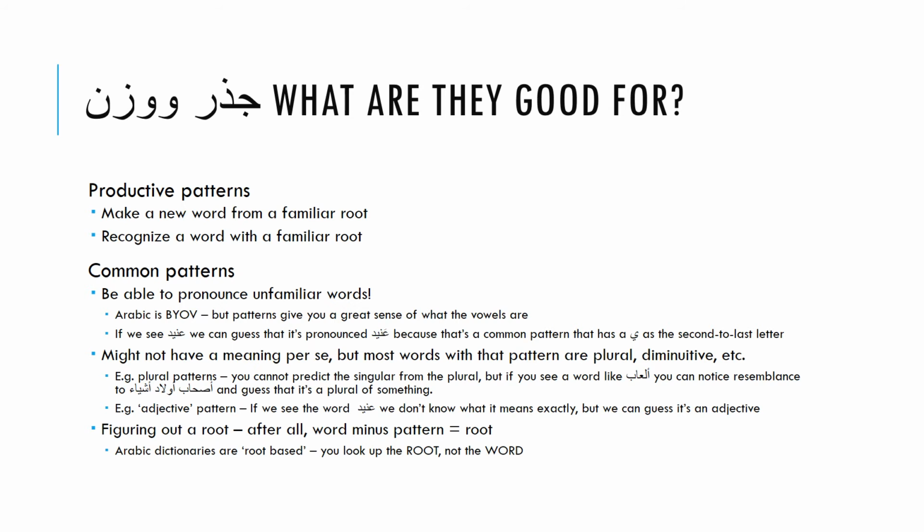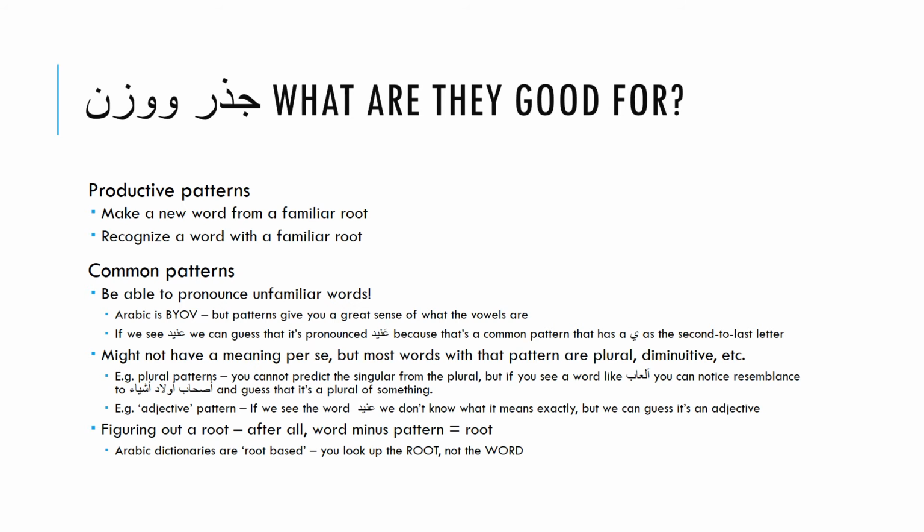But if you see a word like el-ab, you can notice the resemblance to ashab, awlad, ashya, and guess that it's some sort of plural. Similarly, this word that we just talked about, anid, we know that that's usually an adjective. We might not know what the root means, but we know that it's probably an adjective. In this case, it's an adjective meaning stubborn.